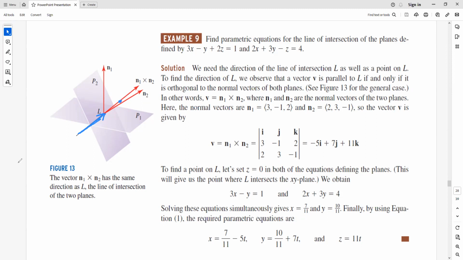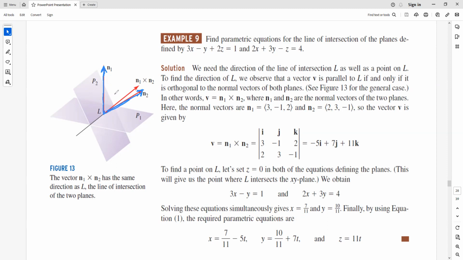Okay, so first of all, to find the parallel vector, we can take the normal vectors of the planes. This is normal to P1, this is normal to P2, that is N2.